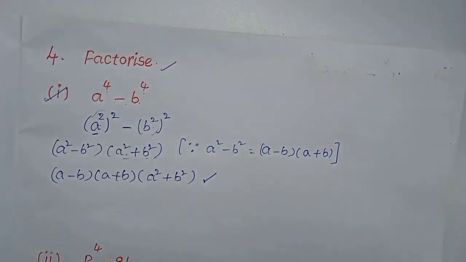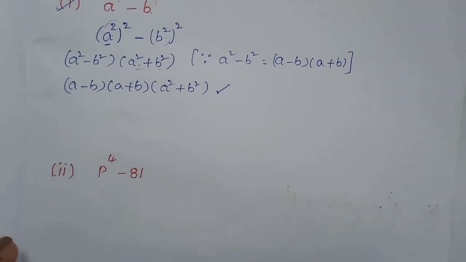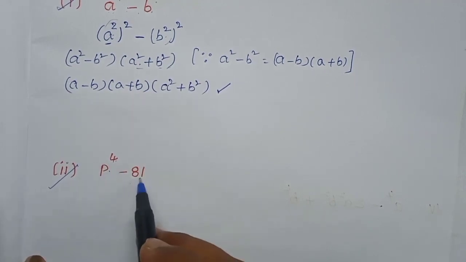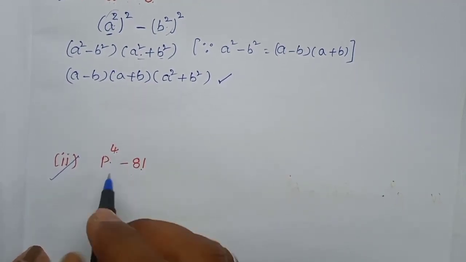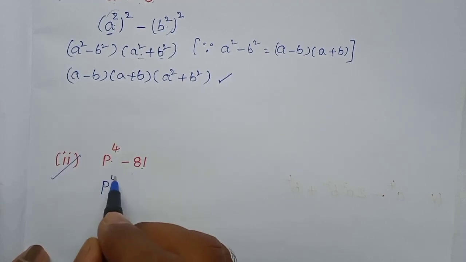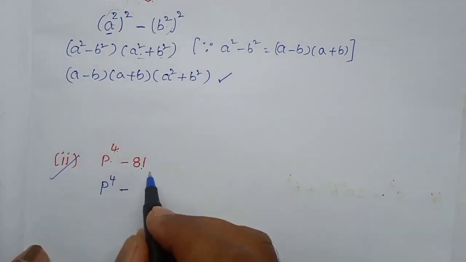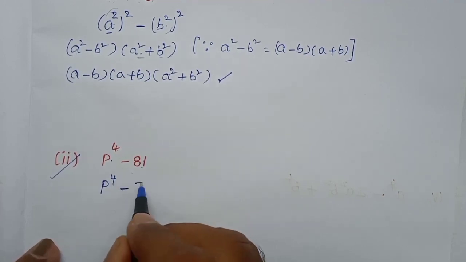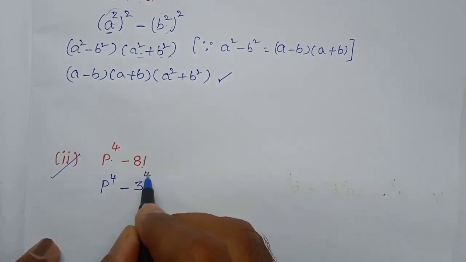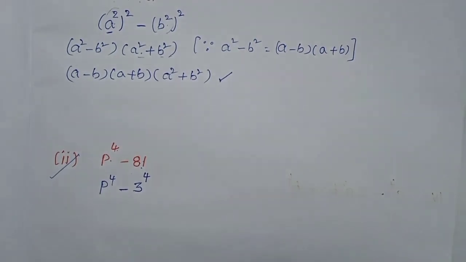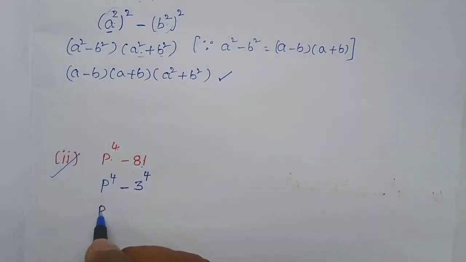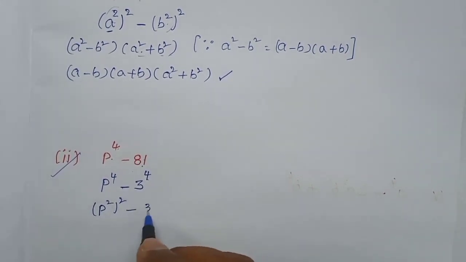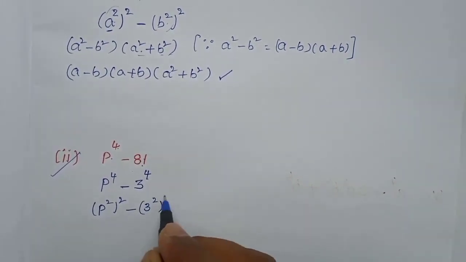Now let's move on to question number 2 here. See p to the power of 4 minus 81. See p to the power of 4 minus, see 81 can be factorized and expressed as 3 to the power of 4. Now see this can be written as p to the power of 4 as p square whole square and 3 to the power of 4 as 3 square whole square.